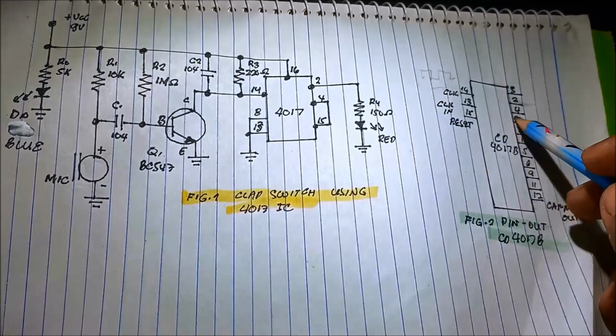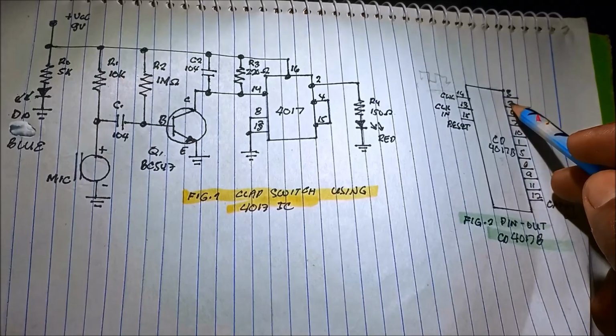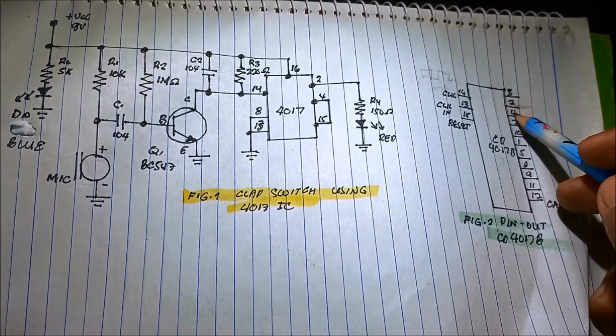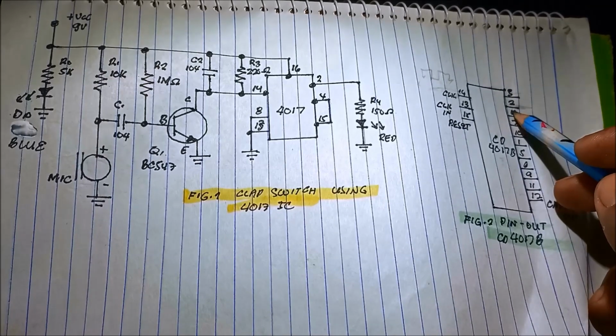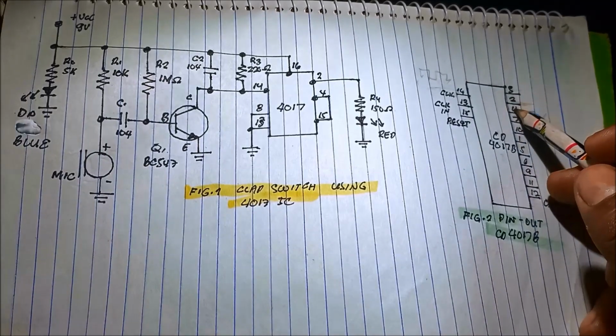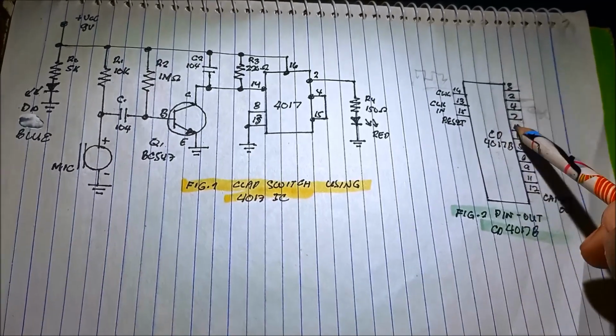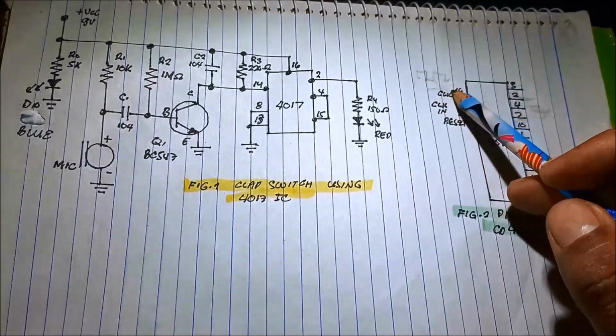Injecting another clock will turn pin number 2 off, 3 off. Now the pin number 4 is on. It will continue advancing the count from 3 to 11. So that is the sequencing whenever we inject a clock.